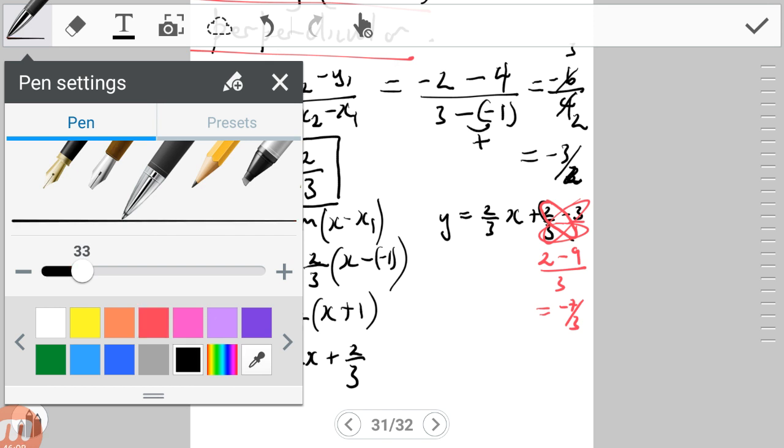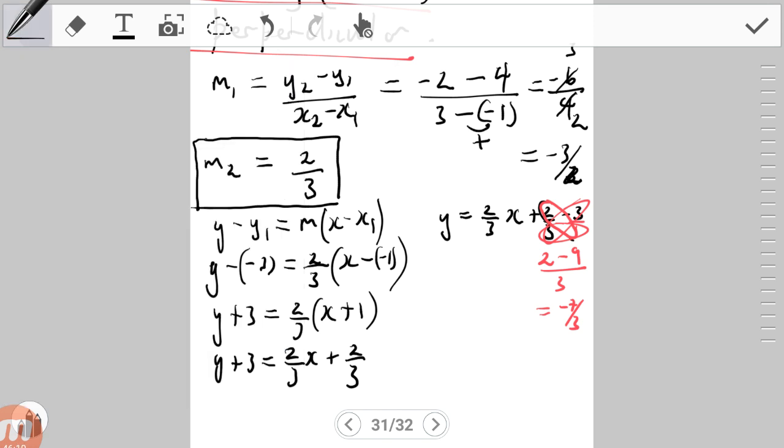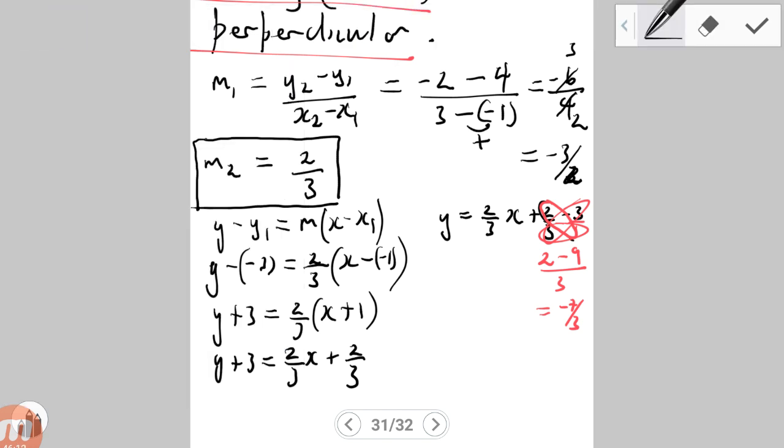So we're good to go here. Alright, so we have our C. So we end up with y is equal to 2/3 x minus 7 over 3. Alright, and that's going to be the equation of the line in the general form.